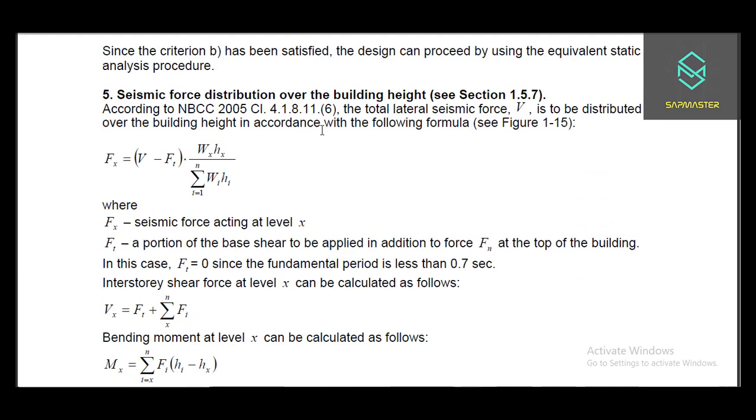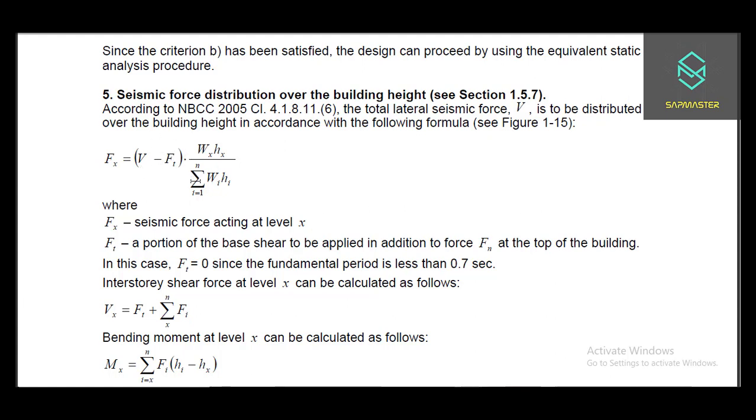So let's do it. We are gonna distribute this seismic force over the building height, right? So according to the NBCC, the total lateral seismic force is to be distributed over the building height in accordance with this formula. As you can see, this V is the one that we calculated as base shear, but what is this Ft?